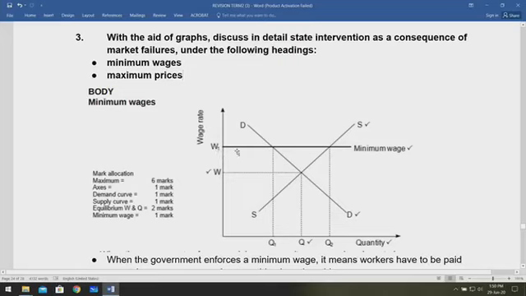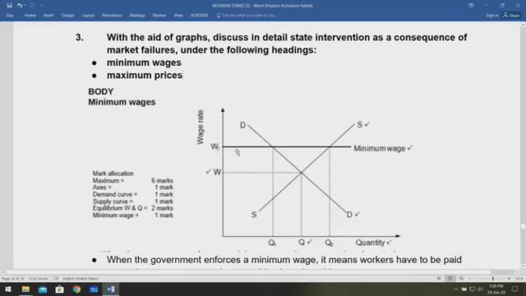Because if they allow the market forces to set the price, which will then be at level P, that means not everybody has access to these goods and services. So government wants more people to have access to it, so they implement a maximum price at P1, which is below the equilibrium point.